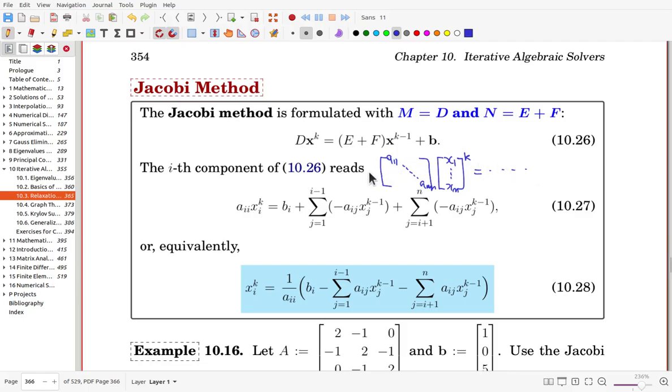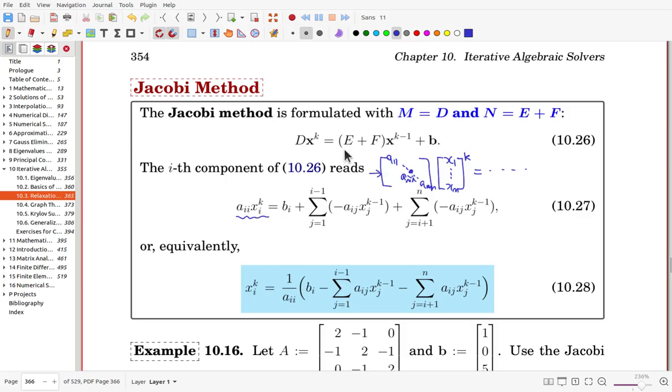Okay, if we consider the ith component, then this matrix row vector dot product will be here. The only non-zero is aii, this diagonal entry, so that aii xi. That is exactly this one. Now from this one we have bi.